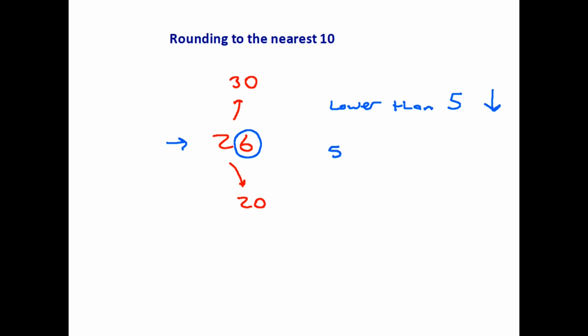If it is 5 or above, then we go up to the nearest number. So looking at this example, the number ends in a 6, therefore it is 5 or above, therefore we go up to 30.